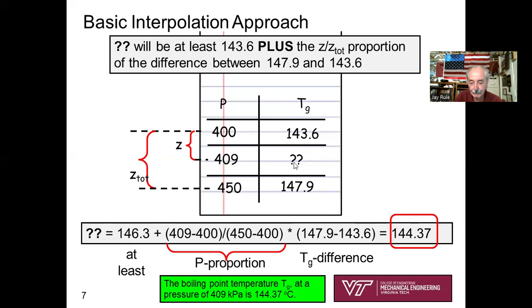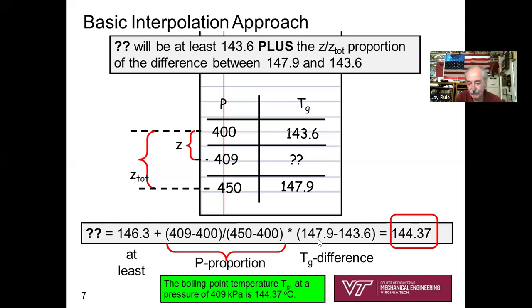And so I've labeled this question mark. Question mark equals at least this amount plus the pressure proportion, that's 9 over 50, times the difference in these two numbers, 147.9 minus 143.6.